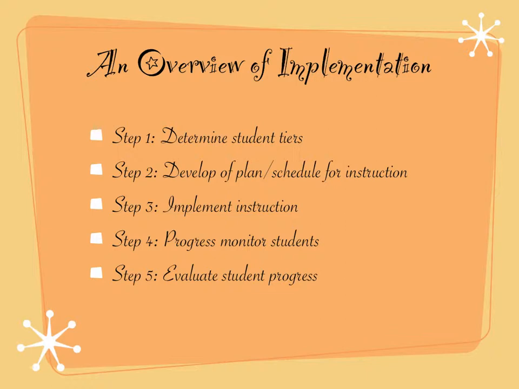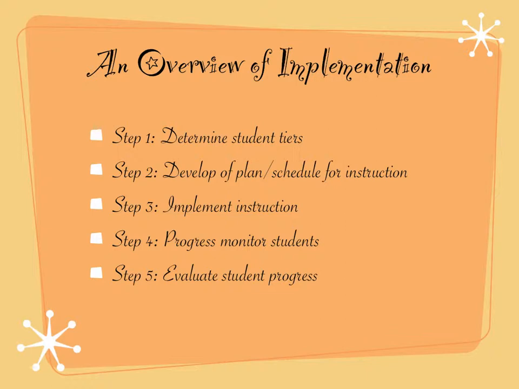Once you decide your schedule and how you're going to implement RTI, you will need to implement the instruction. This will need to be specific. You will want to progress monitor students according to what instruction you're given, and then you will need to evaluate the student progress. Tier 1 would only be maybe monthly or every couple months.